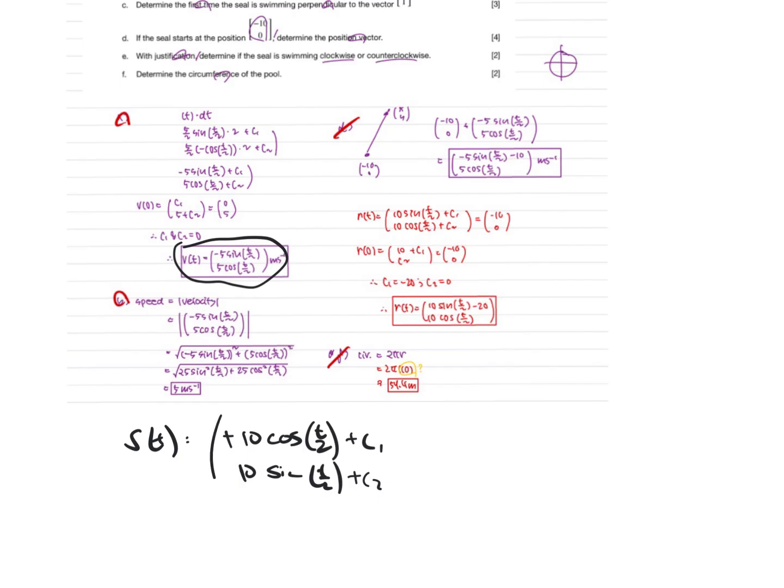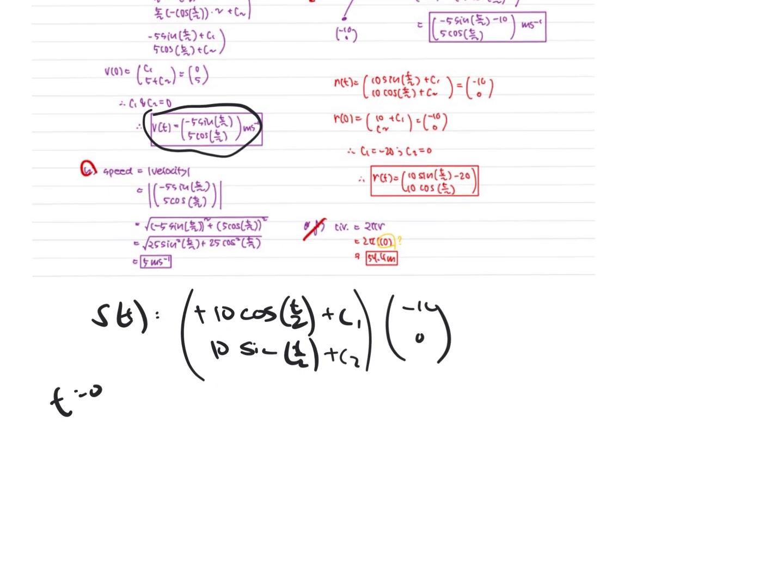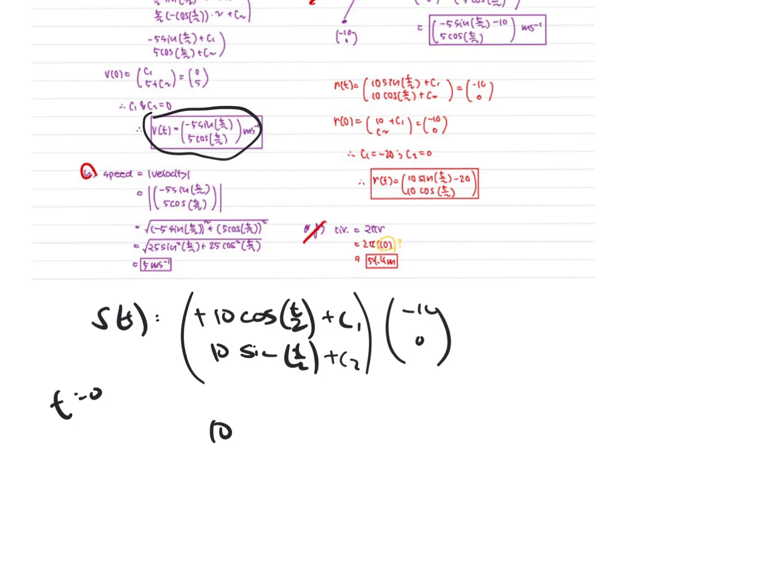Now I know that when t equals 0, I have the coordinate point negative 10, 0. So when I substitute t equals 0 into this equation, I get 10 cosine of 0 plus c1 equals negative 10. And so that is 10 plus c1 equals negative 10. So c1 equals negative 20.